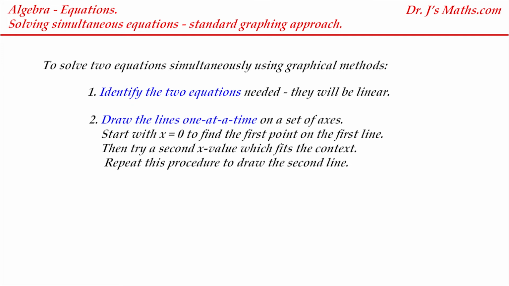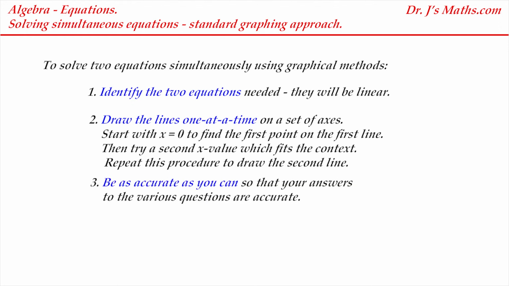Start with x equals 0, it's nice and handy, easy to substitute, to find the first point on the first line, then try a second x value which fits the context, then repeat to draw the second line. Third, be as accurate as you can so that your answers to the various questions are accurate. There's no point in trying to do this in a slapdash way. Take your time and do it nicely.